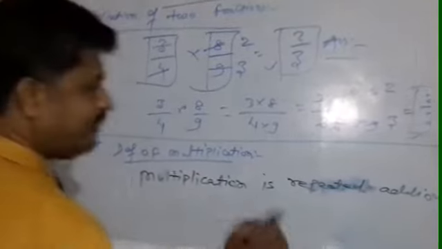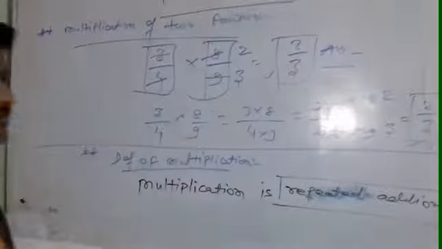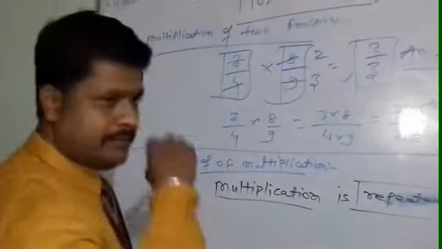That means when we add again and again, in a repetition process, then we get our multiplication.